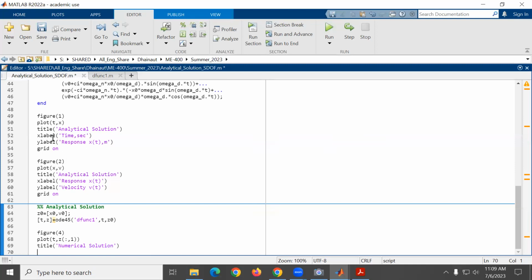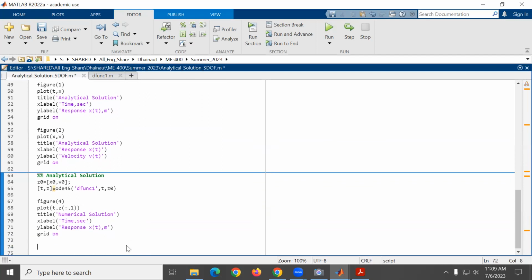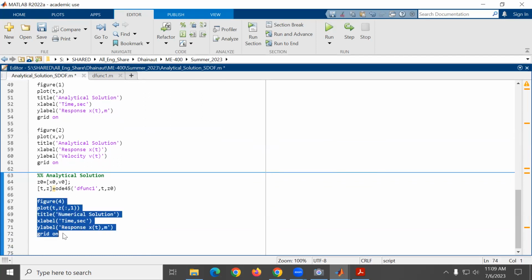I can copy all this stuff here. I can take figure 5.